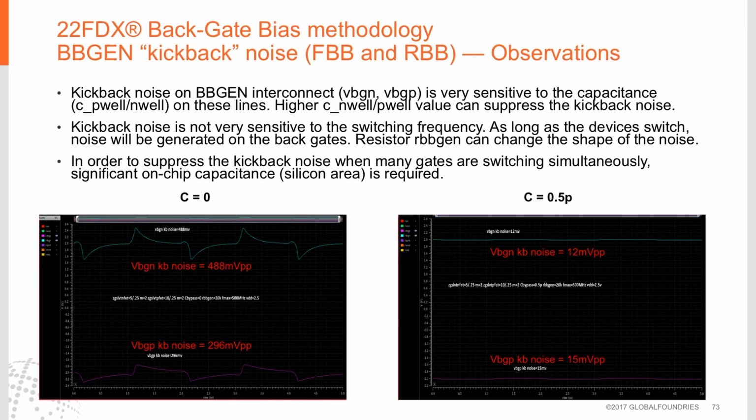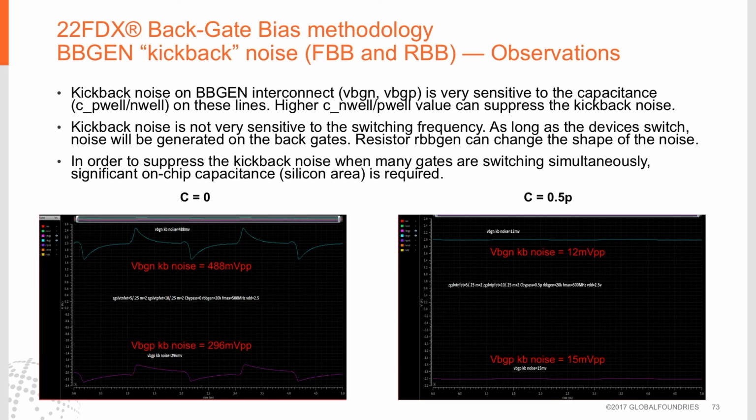And when we evaluated this noise with no capacitance and with even a half a picofarad of stabilizing capacitance, we noticed that the noise on the back gate was reduced from 488 millivolts to only 12 millivolts peak to peak. This is noise coming in through the front gate of one device and showing up as ripple on the back gate voltage.